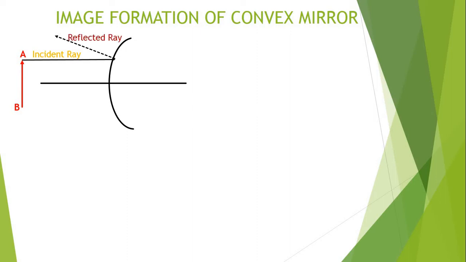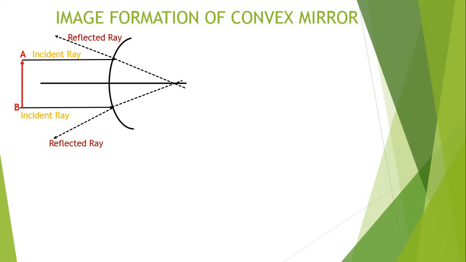Now here we are considering another incident ray coming from the object. As per the laws of reflection, when the incident ray strikes the reflecting surface of the convex mirror, the rays will be diverged, which is shown in the figure. It means we have two reflected, diverging rays, which never intersect each other on the left side, but these reflected rays will appear at the back side of the mirror like this.